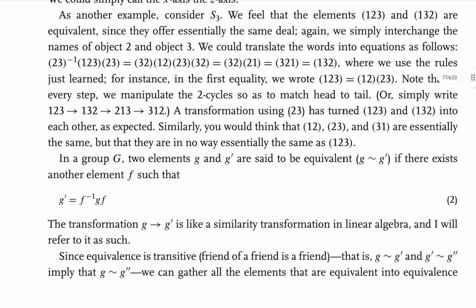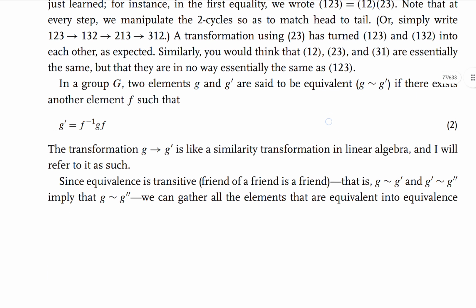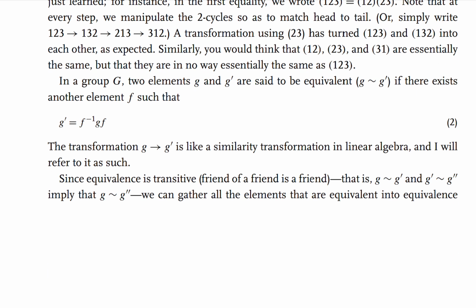Okay, this thing confuses me sometimes. Note that at every step we manipulate the physical object to match it. Okay, I think the takeaway from this is trying to say a group. Okay, something, I don't know.